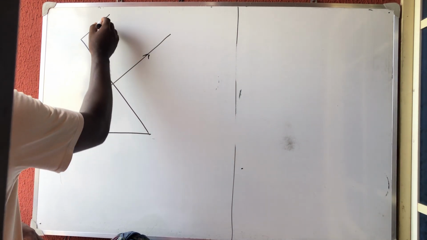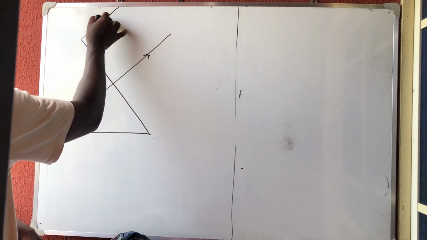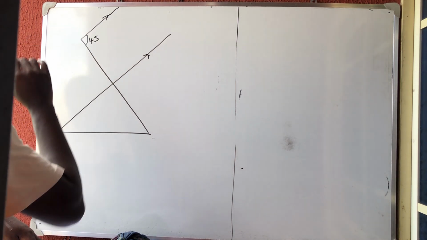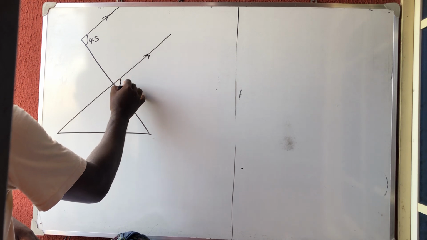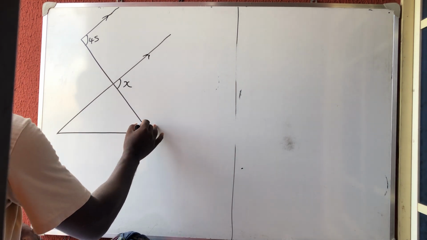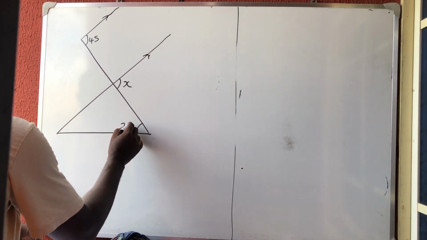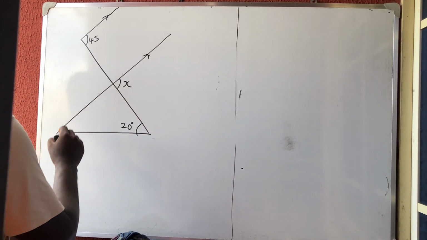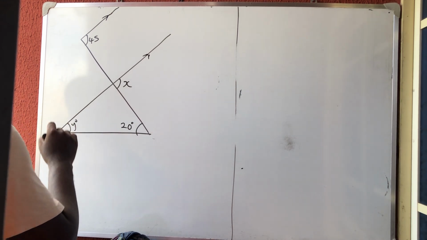They said that here is parallel to here. Okay? And they said that here is 45, here is x, and here is 20, and here is y degrees.